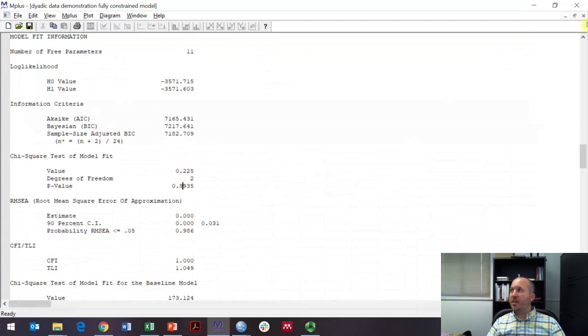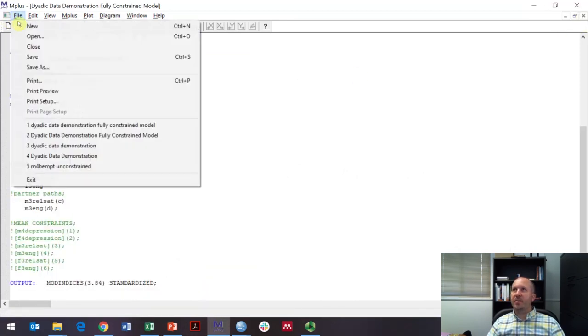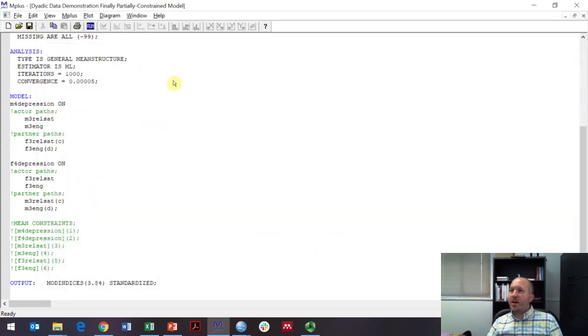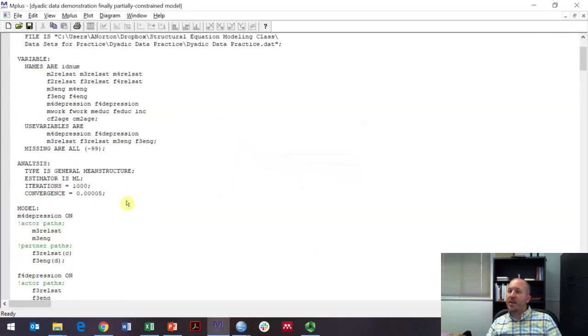So this one here is my final model. So I can save this as data demonstration final partially constrained model. And now I'm ready to actually look at, let me run it one more time that I save this.